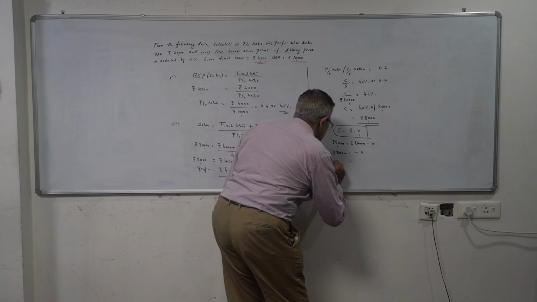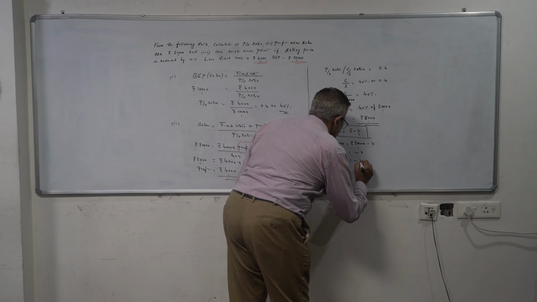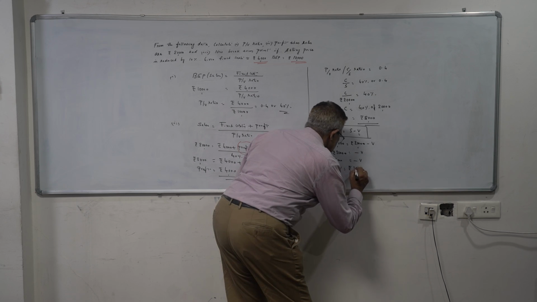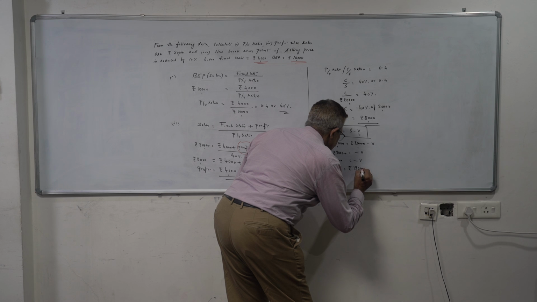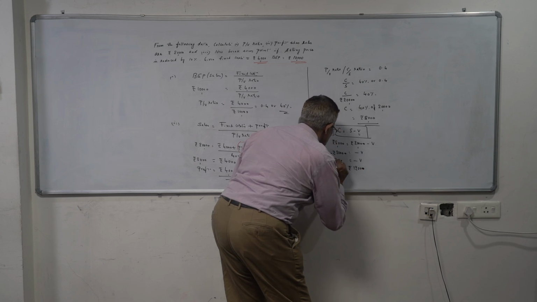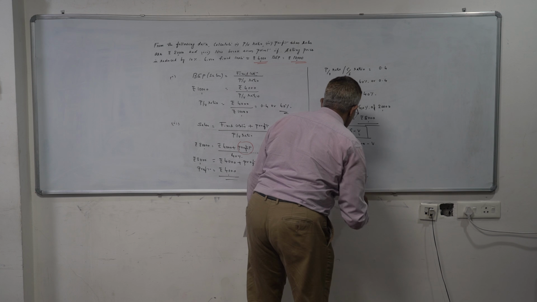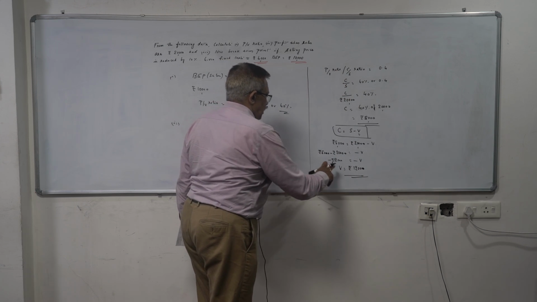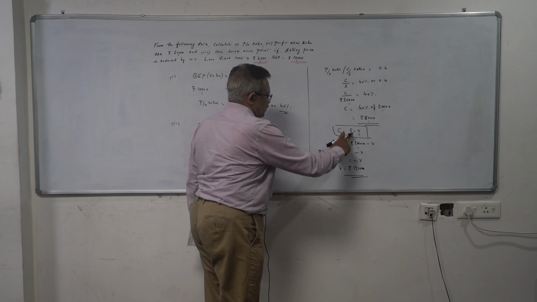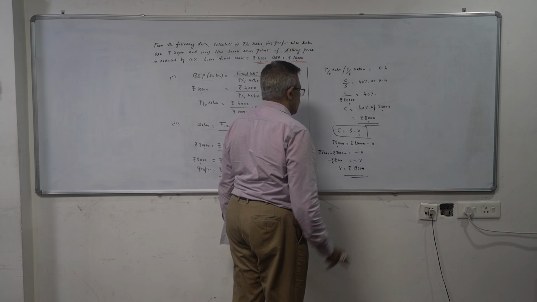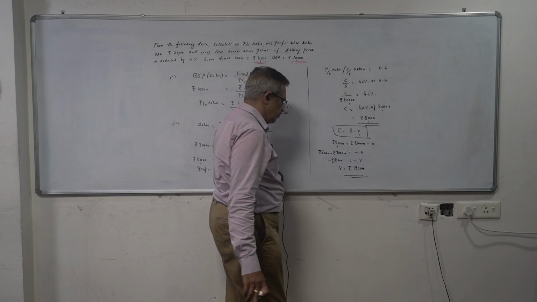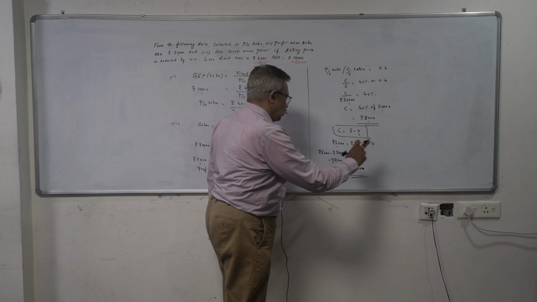So this is going to be minus 12,000 is equal to minus V. So V is equal to rupees 12,000. So when S is equal to 20,000 and contribution is equal to 8,000, we are able to find out V. V is 12,000.